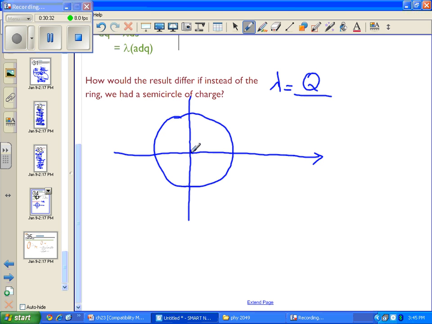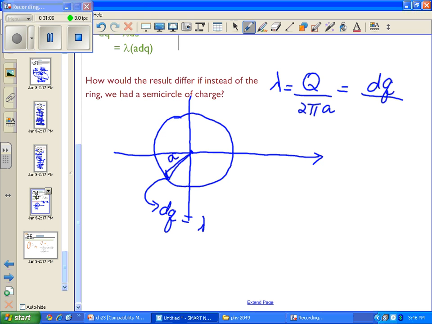The radius was given by the letter A. So 2 pi A is the total circumference of this ring, but that will also be equal to dq over a component of arc length. Let's choose this little arc right here, our representative dq.